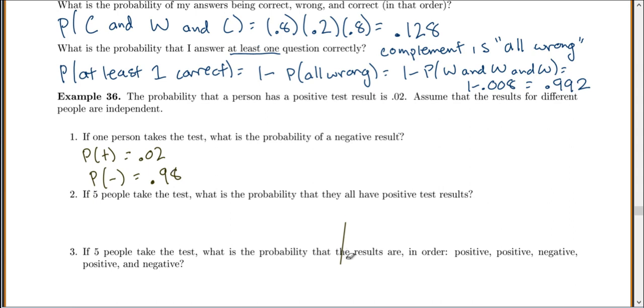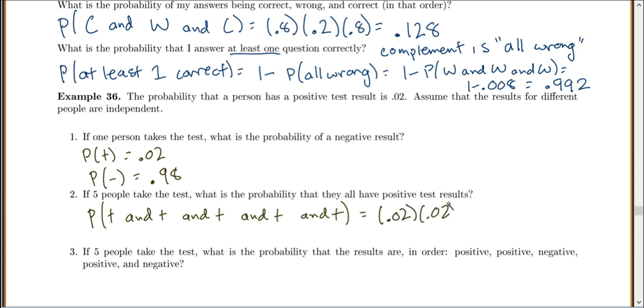Now, if 5 people take the test, what is the probability that they all have positive test results? So we are looking for the probability of a positive and a positive and a positive and a positive and a positive. Anytime you're looking for the probability of an and, we multiply. So each positive has a probability of 0.02. So 0.02, 0.02, 0.02, 0.02, 0.02.